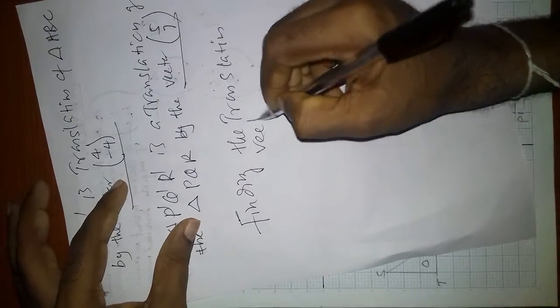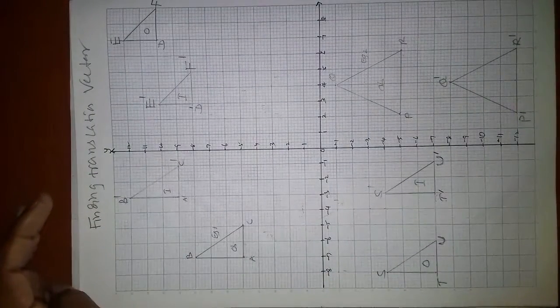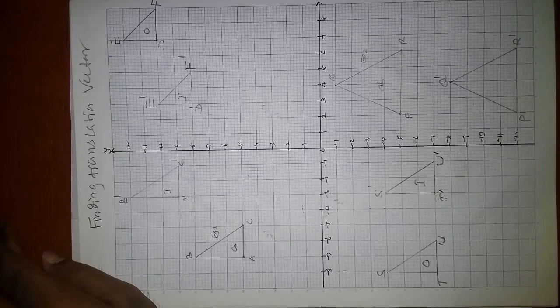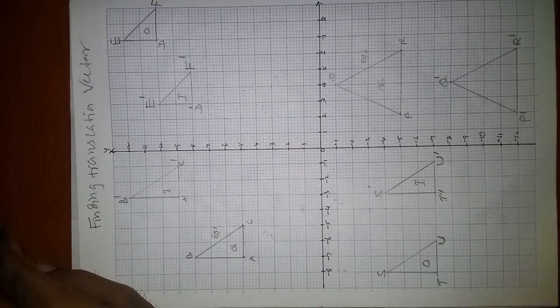I told you every translation occurs by a vector. Without a vector, no translation can be described or effected. Therefore, in every translation there is a translation vector. We will see how to calculate that, how to find that vector.